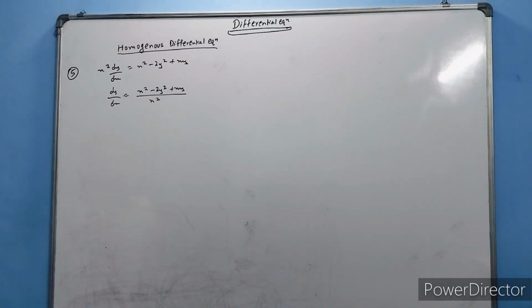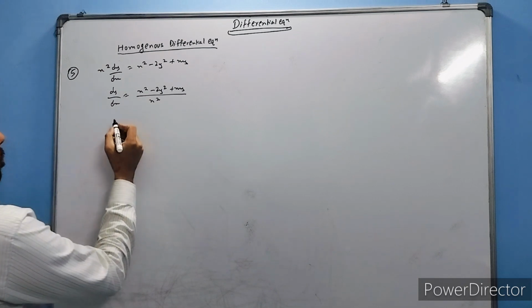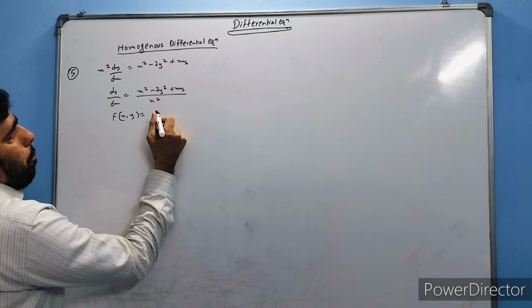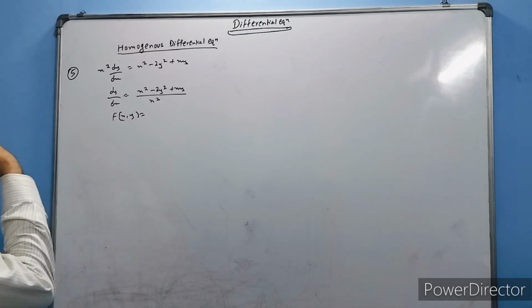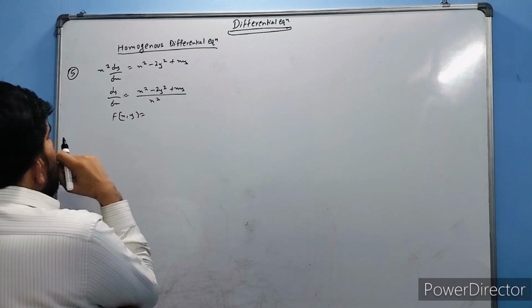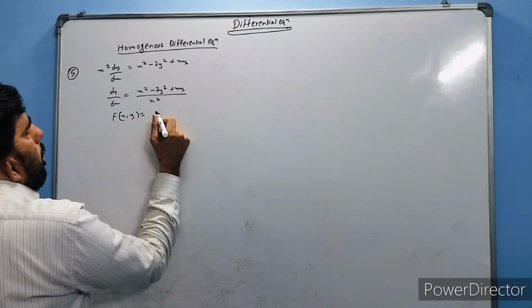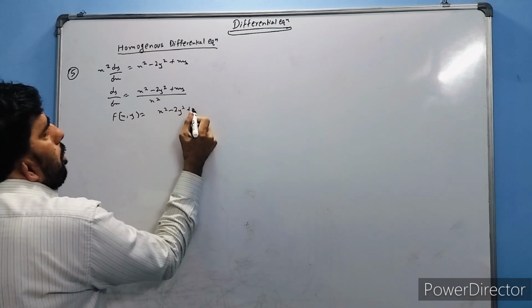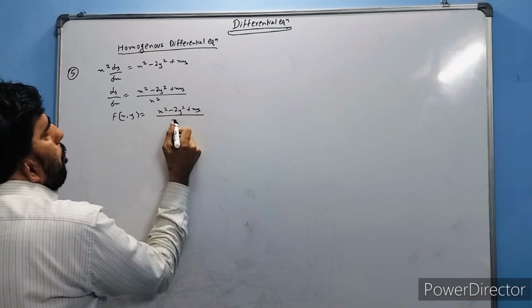So we'll put f(x,y) equal to (x square minus 2y square plus xy) upon x square.